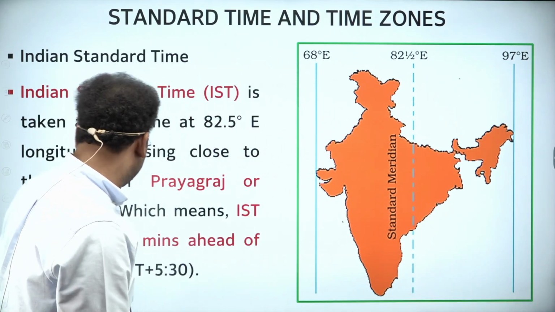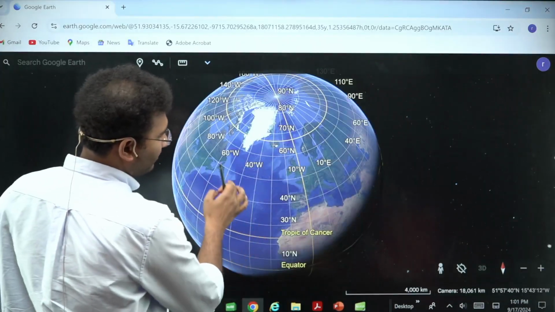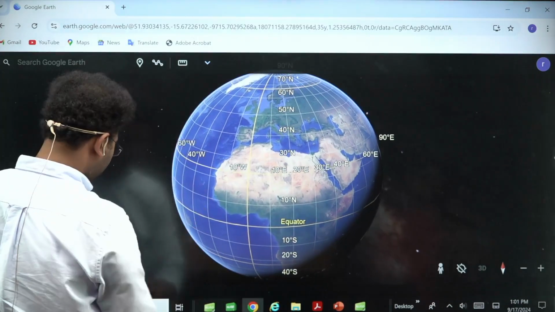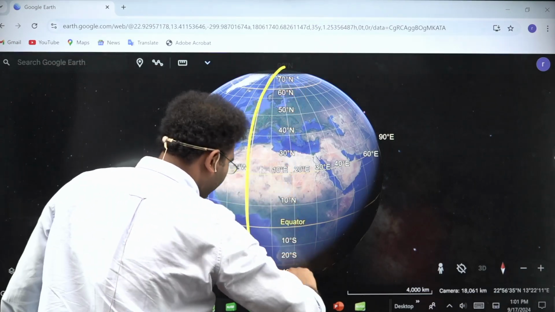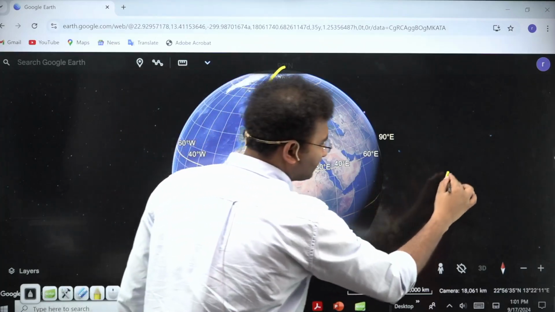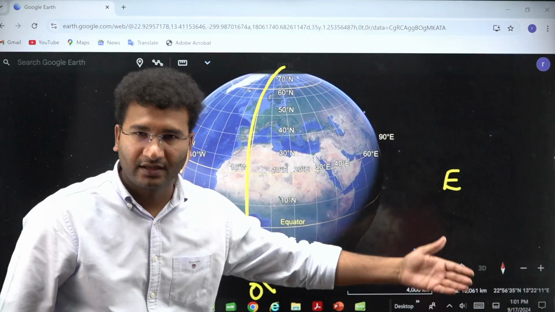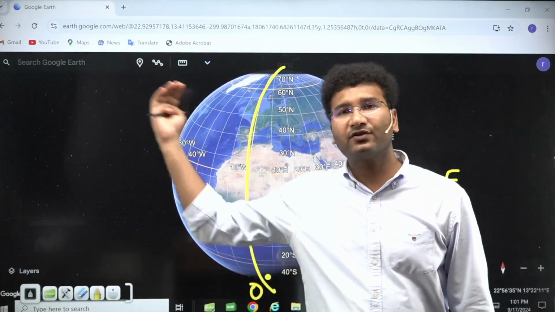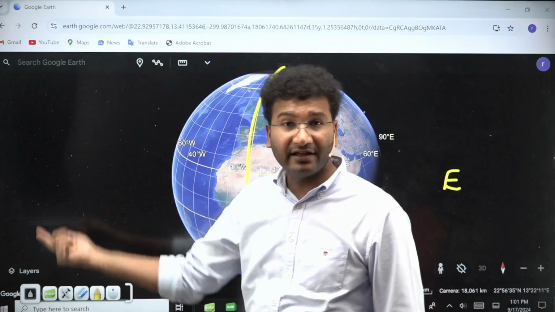Now let me try to show you on a practical scale. Let's try to come here. Suppose this is your prime meridian, which is 0 degrees. And remember, those places east of the prime meridian are always ahead in time, and those places west of the prime meridian are always behind in time.